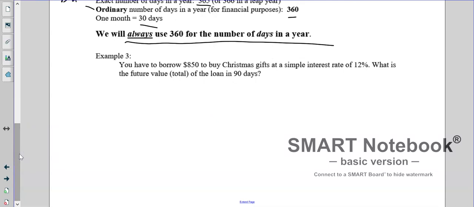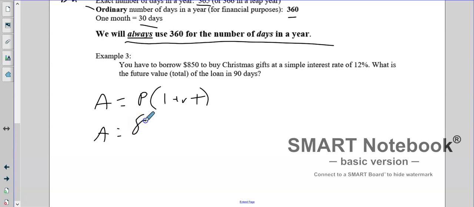So you had to borrow $850, all right, to buy Christmas gifts at a simple interest rate of 12%. What is the future value of the loan? Now, this is a loan, but it doesn't matter. You're borrowing money, okay? But it says future value, so we're going to save ourselves time and do the shortcut. So we're going to use the P(1 + RT) formula. So our money we're starting with is $850 times 1 plus our rate, which again, we move the decimal 2 places to the left, that's 0.12, times time.